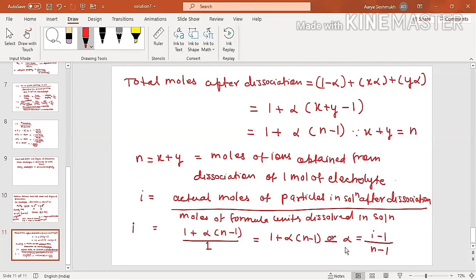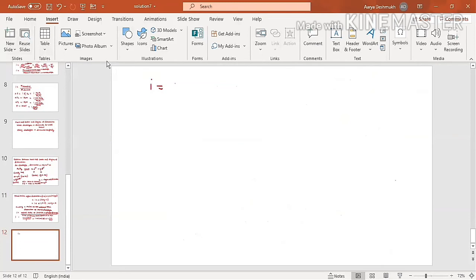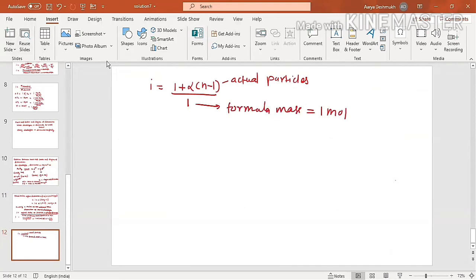So how do you reach this point? 1 plus alpha n minus 1 divided by 1. This is the actual number of particles which we have in the solution, and this is the formula mass. We want this equation in terms of alpha equal to i minus 1 upon n minus 1.